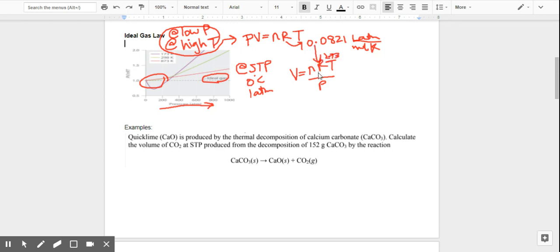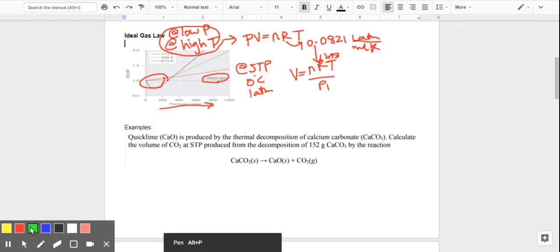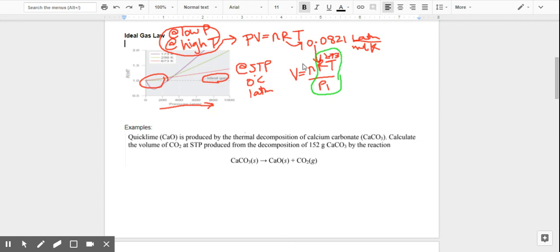R would be R's value, and P would be 1. If I plugged all of those things in and solved for it, and I plugged in 1 mole for n, guess what number I'll get for V? Well, that number is 22.4.